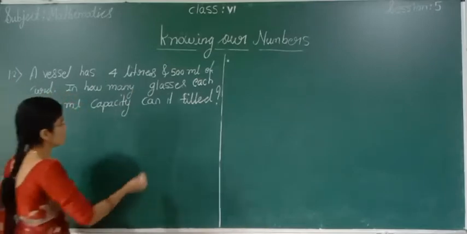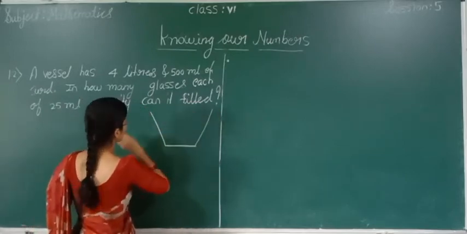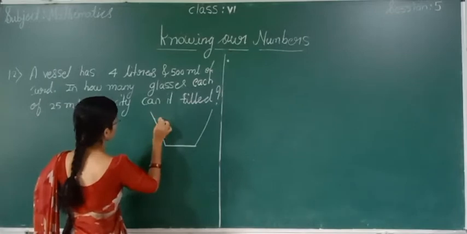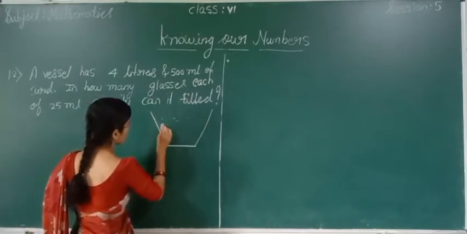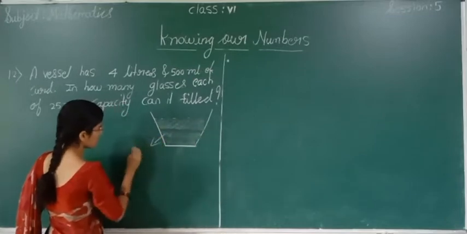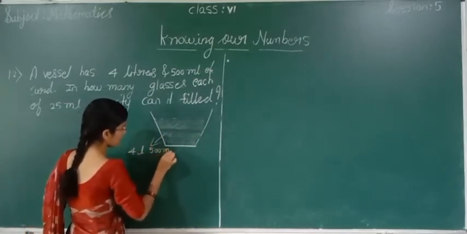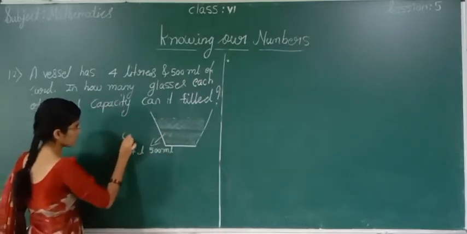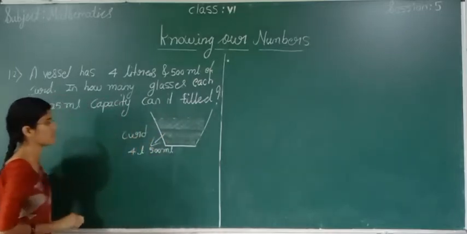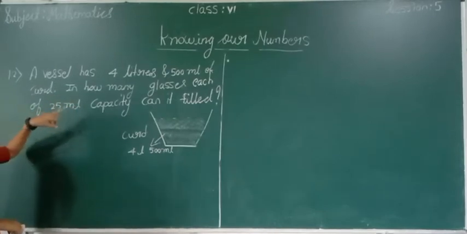See here, we have a vessel. Okay, in this vessel we have 4 liters 500 milliliters of curd. In how many glasses, each of 25 ml capacity, can it be filled?